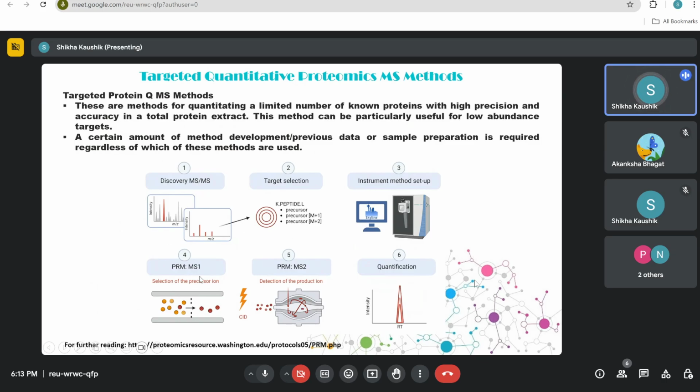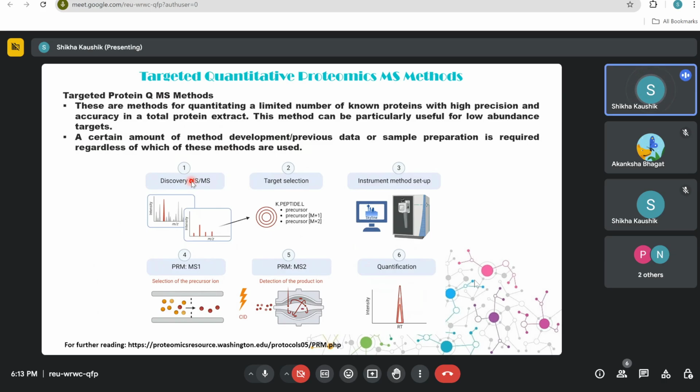Okay, let me just use the laser pointer. When we do a discovery MS, we have a lot of proteins to study. But when we have a target selection, the first step is always discovery MS, where you have the proteome. The first MS always contains all the proteins that are going to get ionized, and it will read all the proteins.